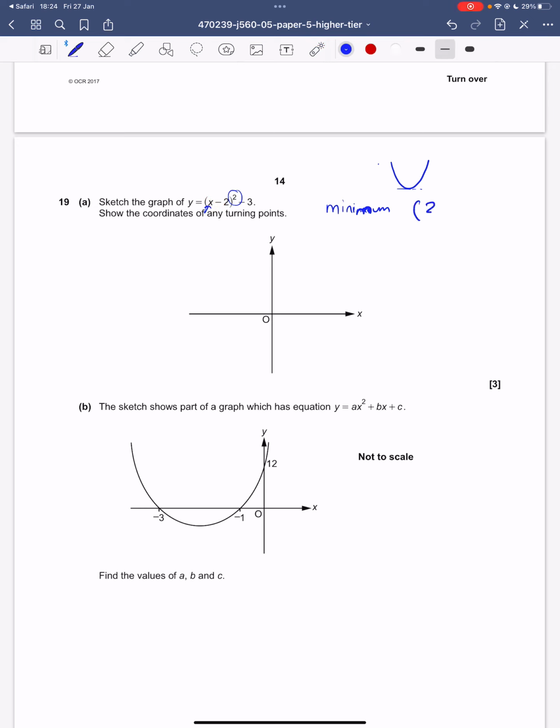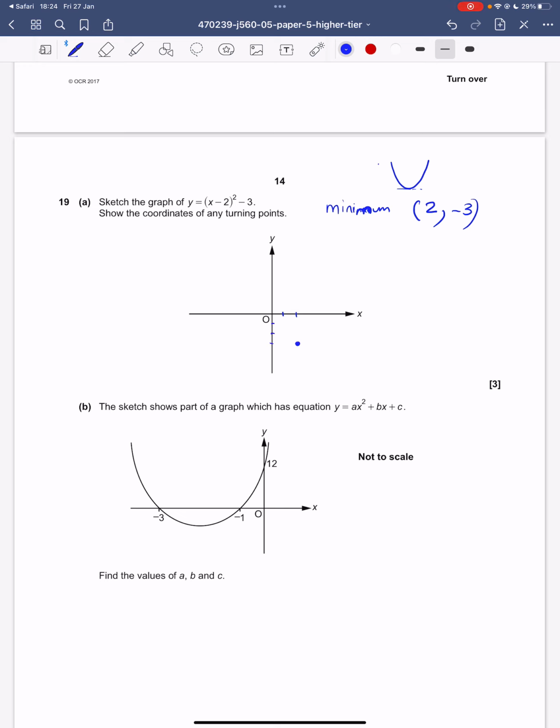Then if x is 2, this is 0, so y is minus 3. So the minimum is always this number with a change of sign, plus 2, and then that exact number there, minus 3. So 2 across, minus 3 down, there's the minimum.